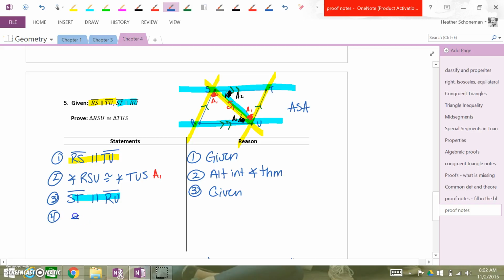And that top one would be angle TSU is congruent to angle, the bottom black one, RUS. And our reason, again, would be alternate interior angle theorem. So now that gives us our second angle.